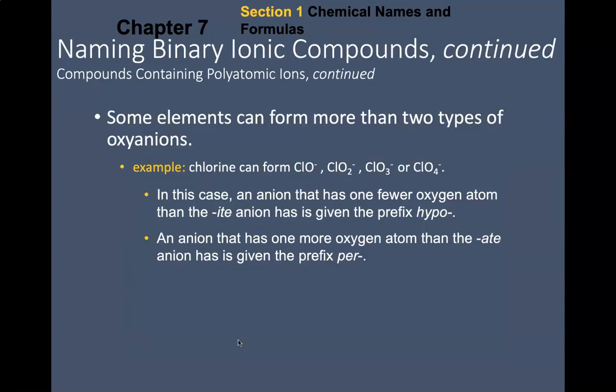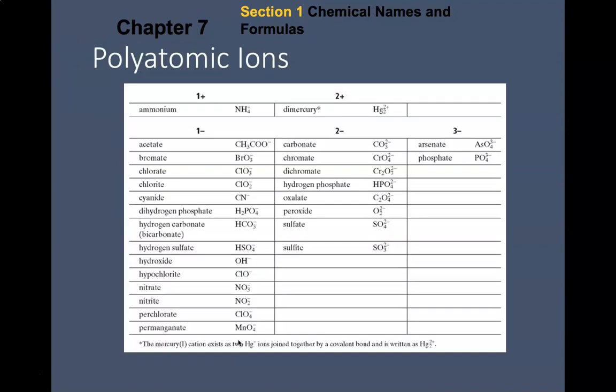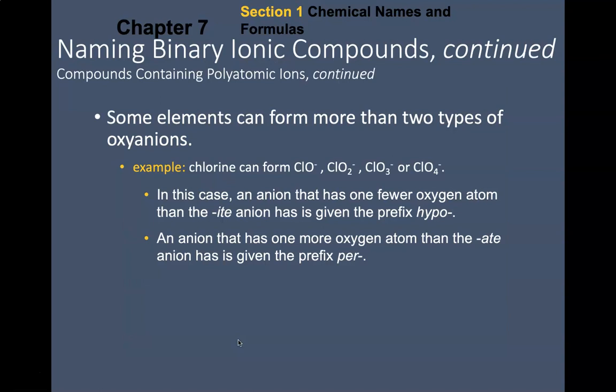Another pattern is going to be one where there is more than 2 types of oxyanions. And there's only a couple of examples out there. I believe there's only one that you had to memorize on your list of polyatomic ions. And that would be the chlorite, chlorate, hypochlorite, and perchlorate ions. Now in front of us, we start with hypo.